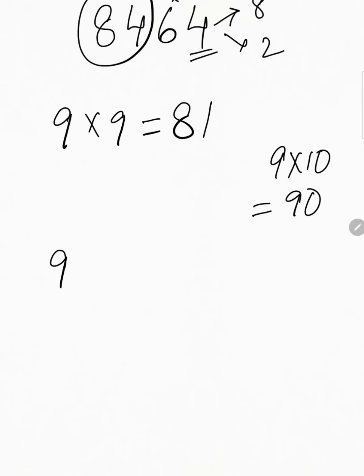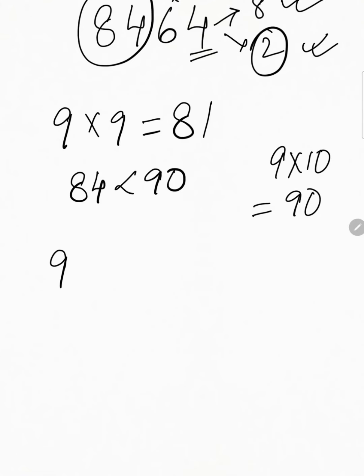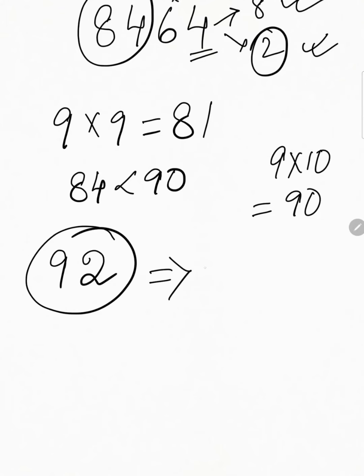So after comparison what we get is 84 is less than 90, and so we choose the smaller among these two digits, and thus our final digit is 2 and 92 is the required square root.